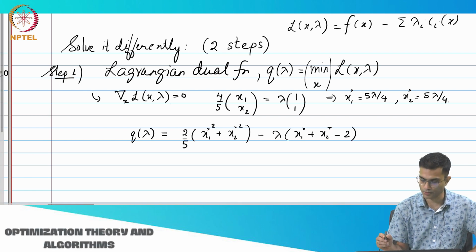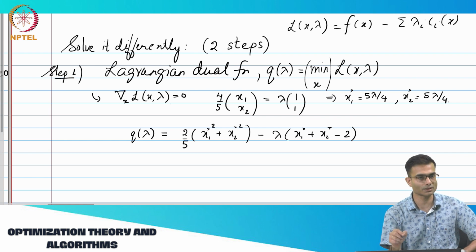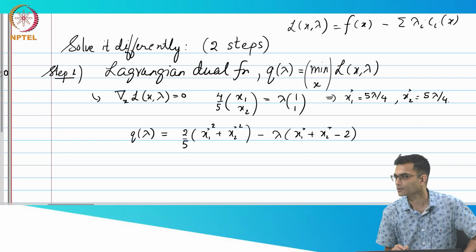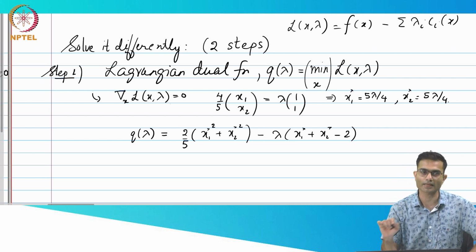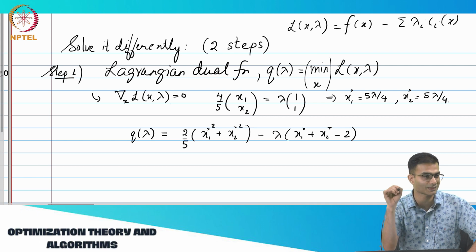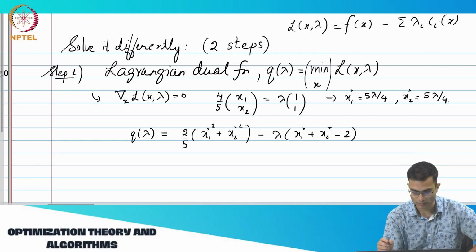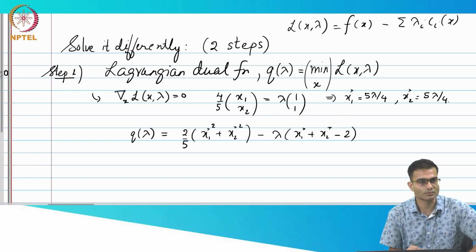This was my q of lambda with the optimum x. The x which minimized it is what I have put in over here, right. That is how I got rid of the min. Everyone with me on this? I got rid of the min by replacing the actual min, that is why it is x1 star, not any x. It is that x which minimizes the Lagrangian, right. And I am going to substitute this.